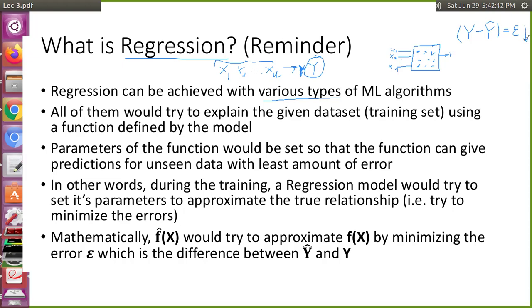That means we can get the average of the epsilons for all the data points minimum, right? But if you take the exact, you get the error. Sometimes this predicted value may be somewhat higher than the real value, or sometimes it may be lesser than the real value.